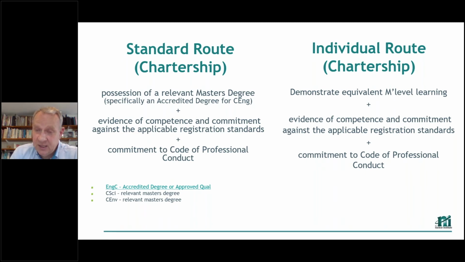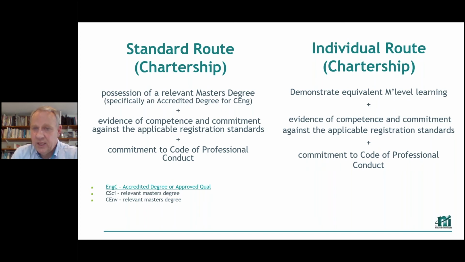Within the engineering space, the Engineering Council actually accredits degrees at bachelor's and master's level against incorporated and chartered engineers. So there is actually a database that you can search to say, is the degree I completed actually accredited? Any help needed with that, you can access that through the Engineering Council's website.